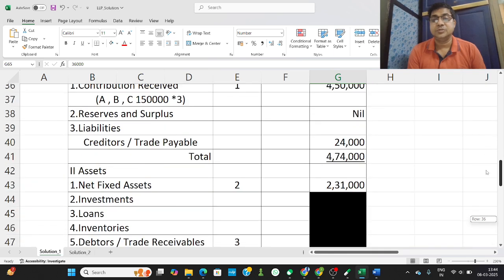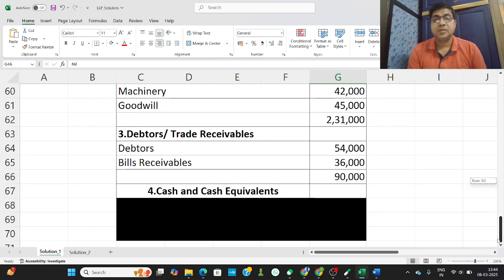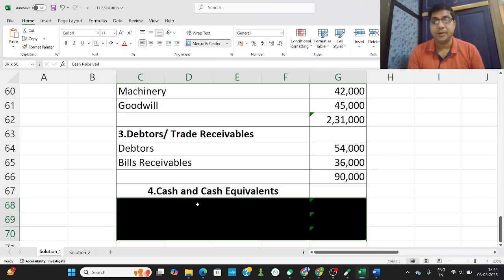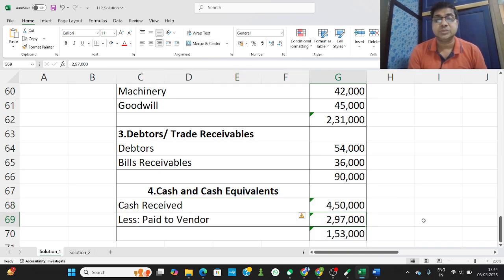And this 90,000 we have to show. Then after that, cash and cash equivalent balance also we have to record. In that, cash received 4,50,000, paid to vendor is the purchase consideration.